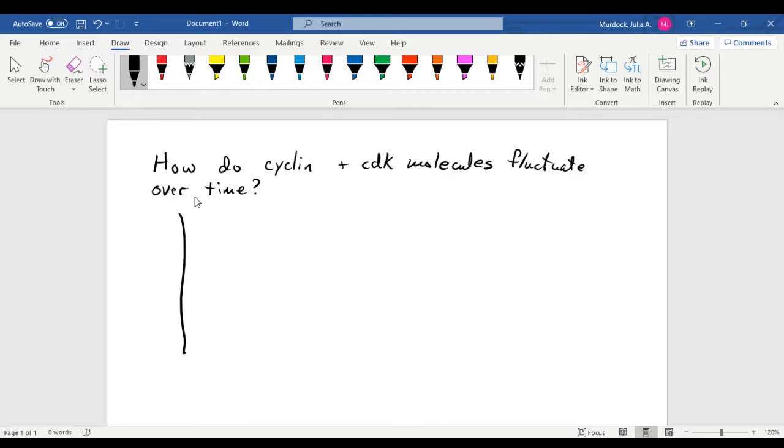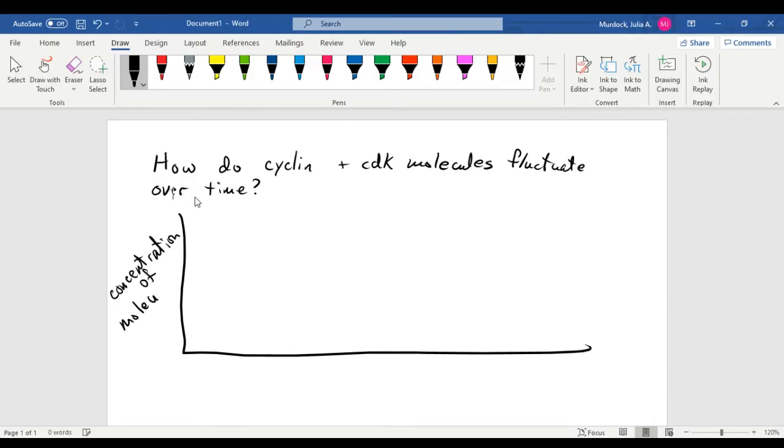Within a cell, over time, the concentration of molecules can change. That's true of any kind of molecule, depending on what it is. So let's say that this period in time is G1, and then here's S, and then here later is G2, and then here is the M phase.